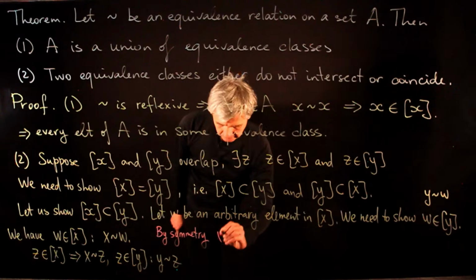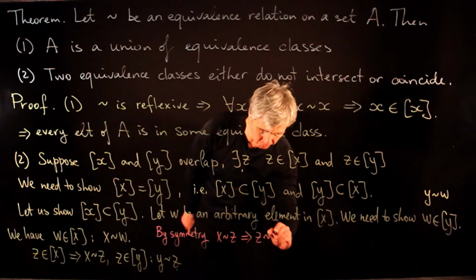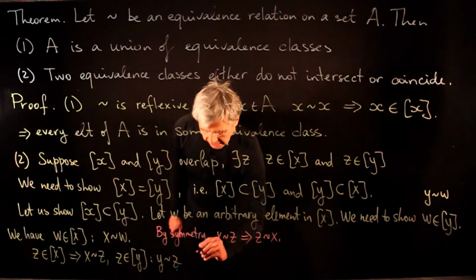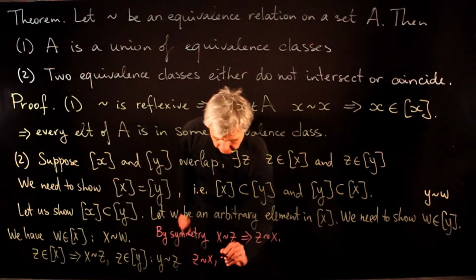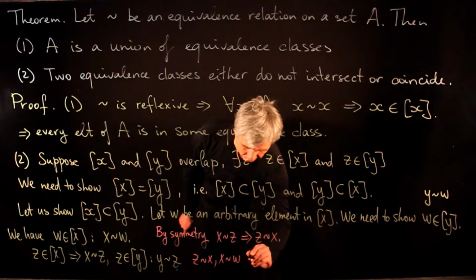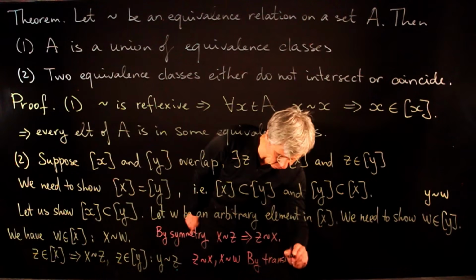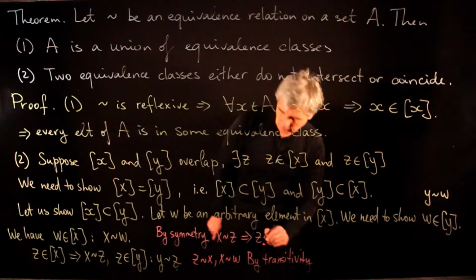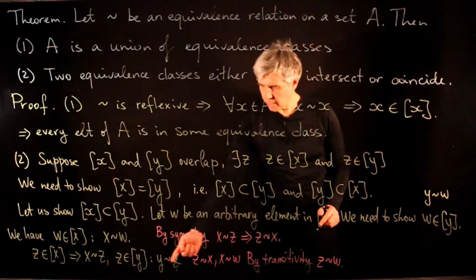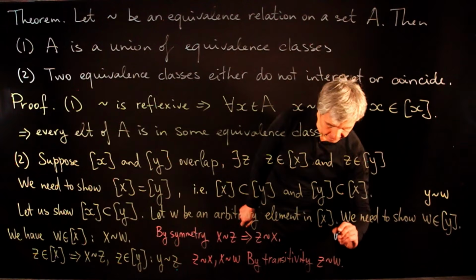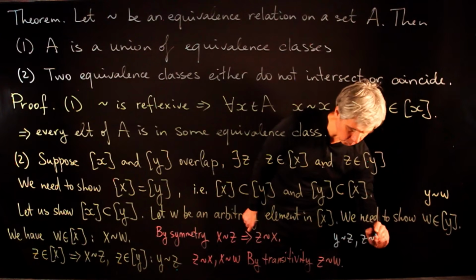By symmetry, since we know that x is equivalent to z, this also tells us that z is equivalent to x. Now we have that z is equivalent to x, and x is equivalent to w. And then by transitivity, we have that z is equivalent to w. So now, finally, we have that y is equivalent to z, and z is equivalent to w.